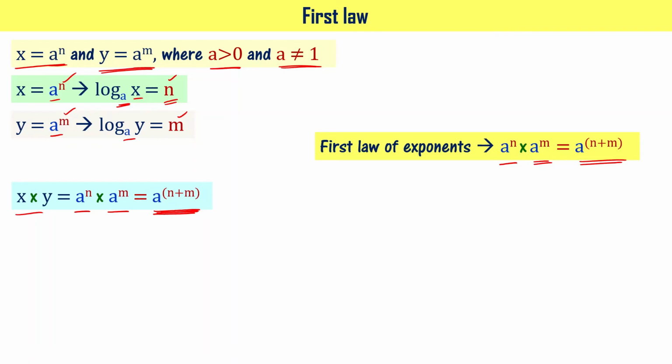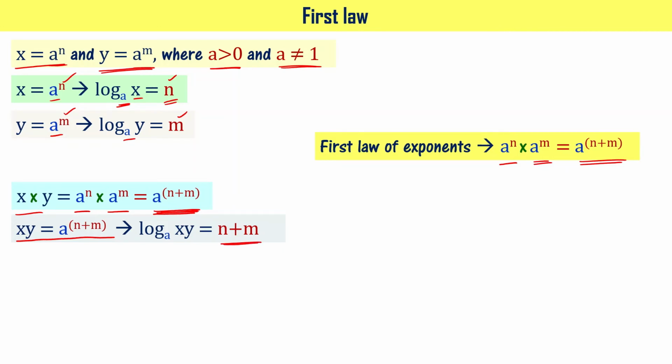Now let me rewrite that. Xy equal to a power n plus m. When you have an equation like this, we can express this in the form of logarithm, right? This can now be written as log of xy to the base a equal to n plus m.